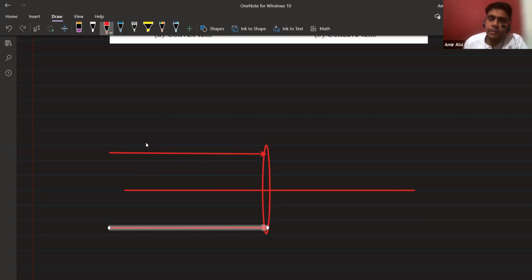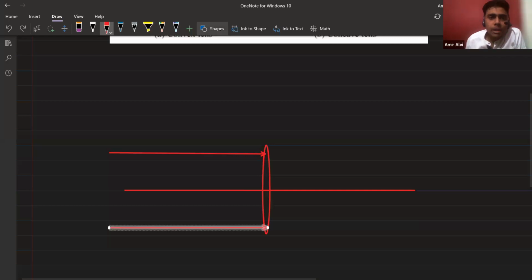Air is a rarer medium. Rarer means it will have a lesser refractive index, and denser means it will have a greater refractive index. Yes or no? Yes, sir. Okay.